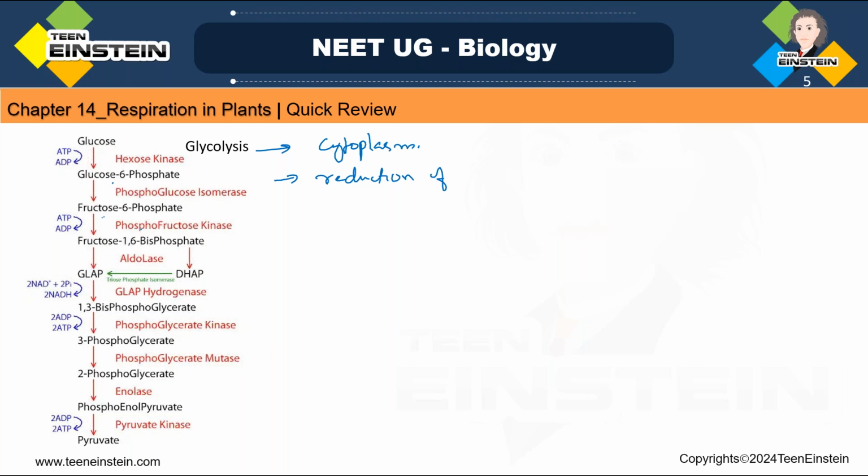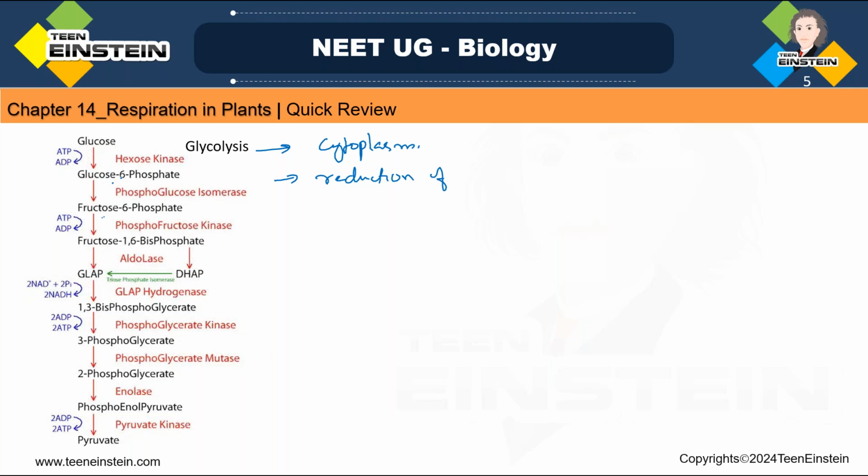For the NEET exam, you will get the step and which enzyme is working there, or what is the product of that reaction. Glucose in the presence of hexokinase enzyme forms glucose 6 phosphate; you should select the correct option.